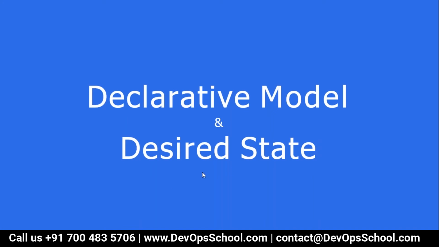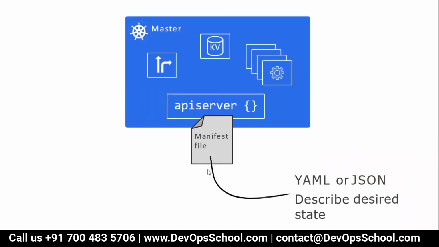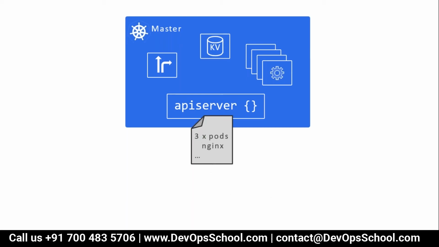So guys, if I go further, see here, we declare our desired state in YAML or JSON, whatever I want, put it in that, send it to the API server, and then what happens? We know that. What do you want? 3 pods of what? Nginx. Remember, a pod has a container, so you have to tell Nginx. I want 3 pods of Nginx.